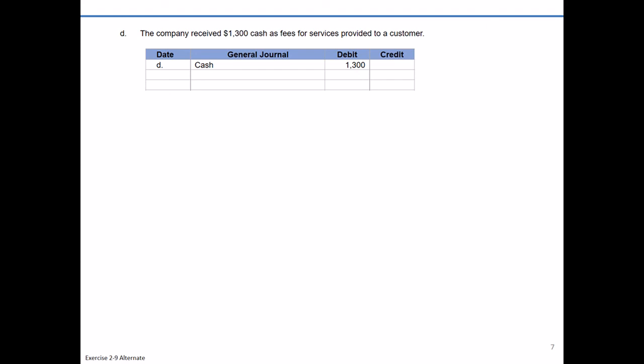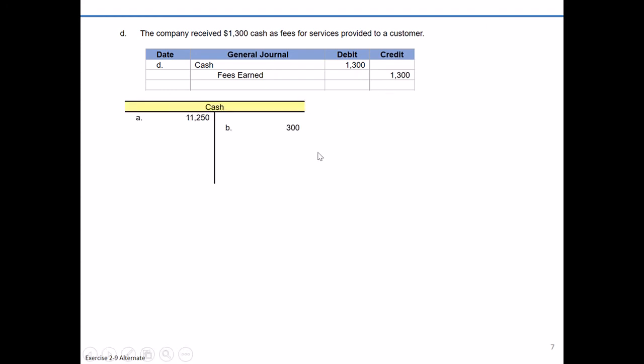Maybe it's a cleaning service. But we've done work for the customer, and so we've earned it. This is going to be revenue. Their revenue account is going to be fees earned. Remember, revenues works like a typical equity account in that when we increase it, we're going to credit it. So we're going to have a $1,300 credit.